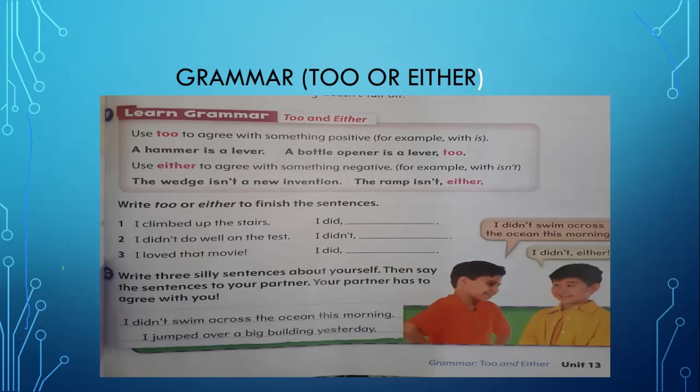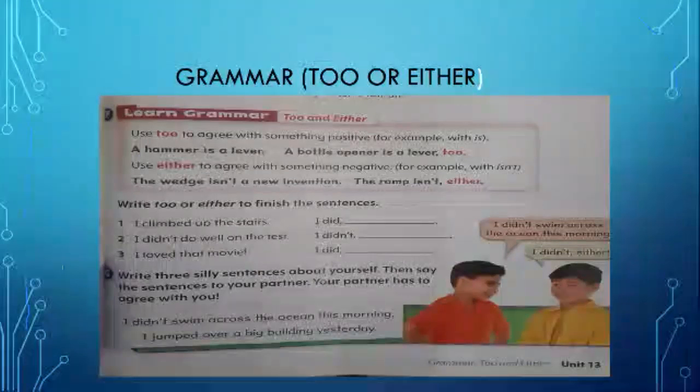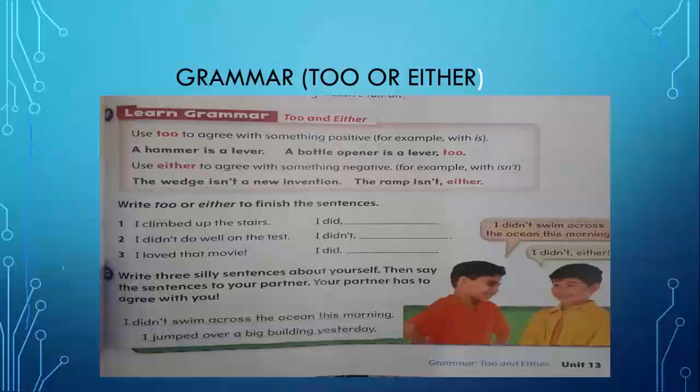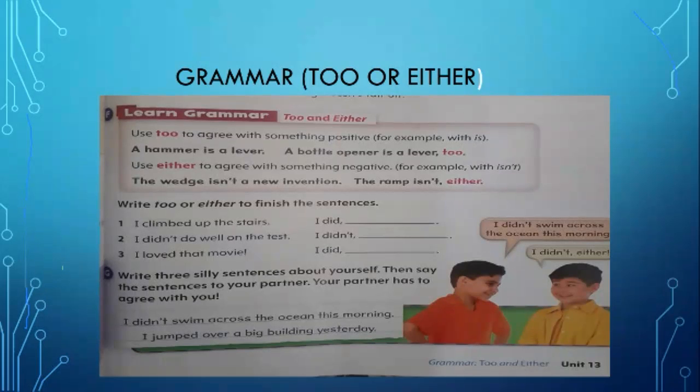Okay, so number one, look here: I climbed up the stairs. You see that statement is a positive statement, although there is no "is" used in the sentence. So what will you write down here? I did dash. I climbed up the stairs. I did dash. So, I did too.